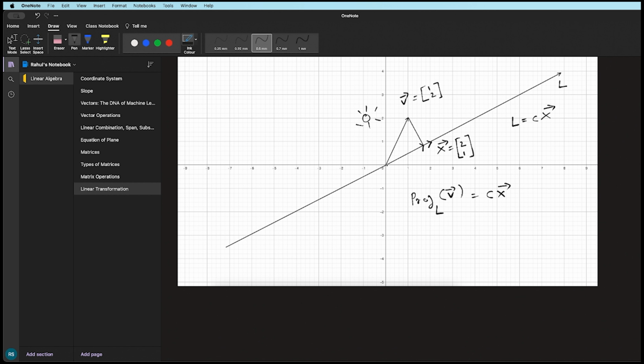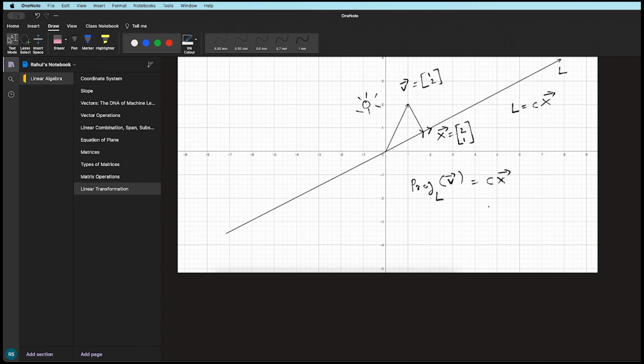So this is the vector, and we want to find this projected vector. Then it is nothing but a scaled version of x, as we have seen earlier that any point on this line will be a scaled version of x. So here c is the scalar. Now in order to find the projection of vector v on L, we need to find the value of c.